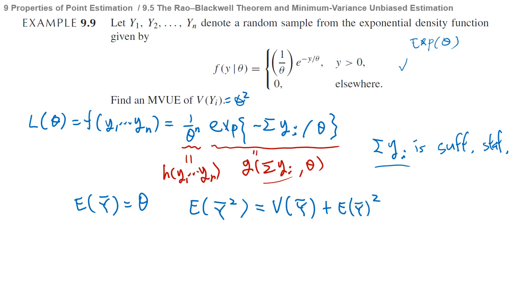When we calculate a variance, it is the expected value of the squared variable minus the square of the expected value of that variable.